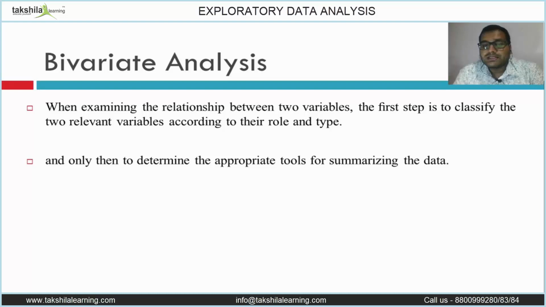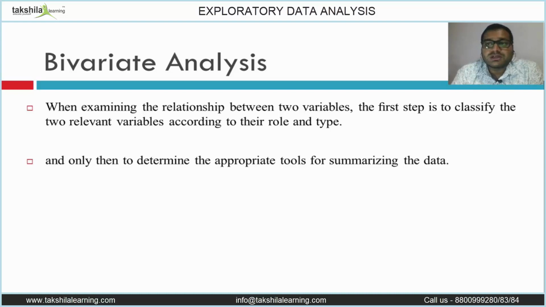Then the second is the bivariate analysis. Bivariate analysis comes into the picture when we are going to see the relationship, or when we are going to compare two variables. The first step is to clarify the two relevant variables according to their role and type.